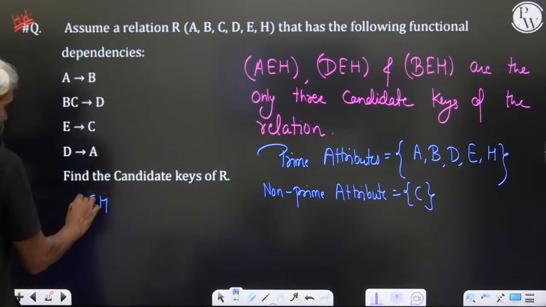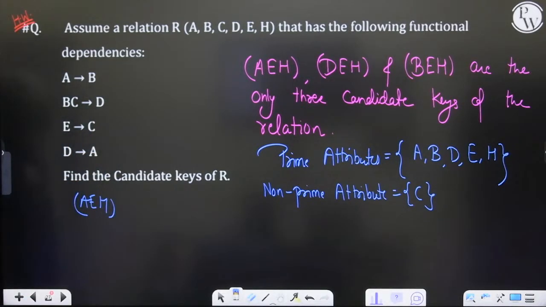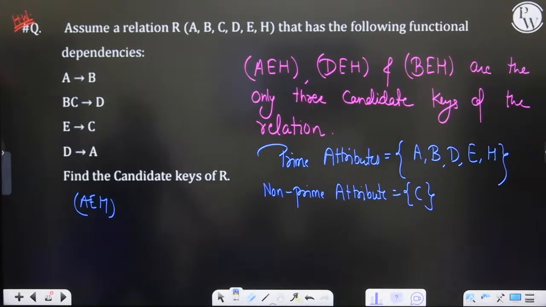So is it clear that you will be able to check that A, H will be the key? Is it clear that by looking at this FD set, you will get to know that E and H are essential and E and H alone can only determine C. So we will have to include some other things along with E and H. So I thought, what will happen if I include A?